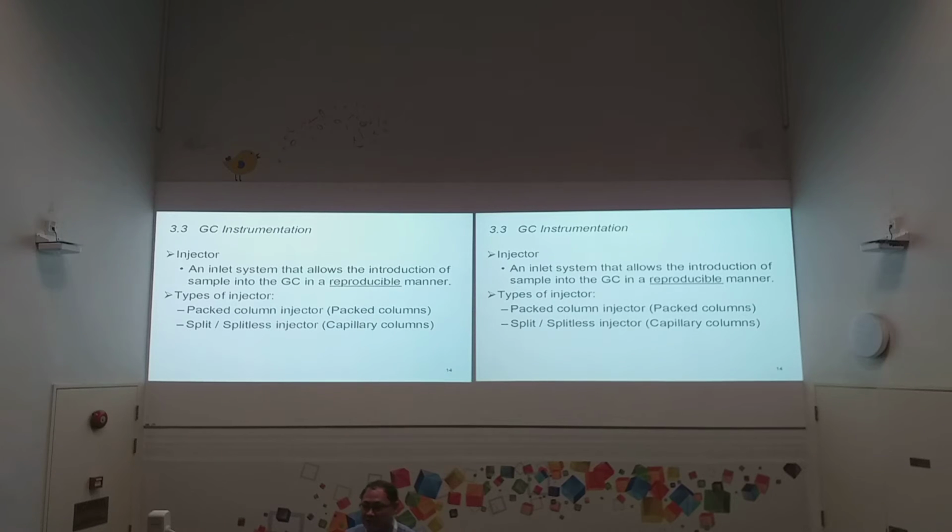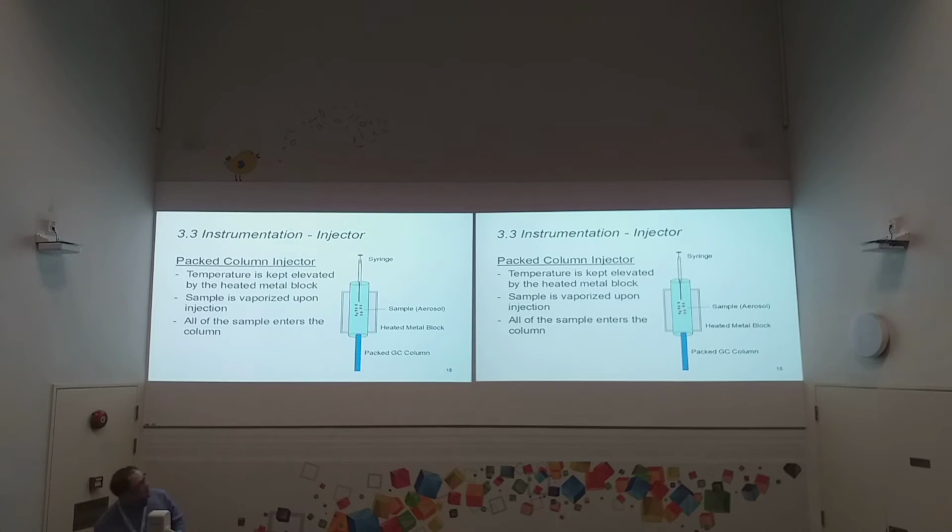Why is that so? Because for the packed column, if you imagine a tube with packing material of this size, you can easily introduce 1 ml of the sample inside. Just now we used a syringe, and today we still use a syringe. I'm not sure about your lab schedule, but maybe this week or next week you go to the lab, and you'll be given this syringe.